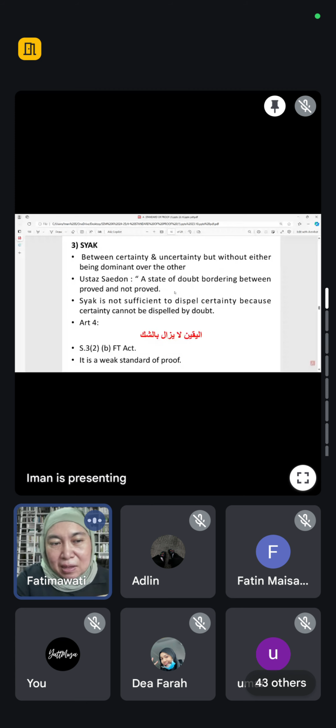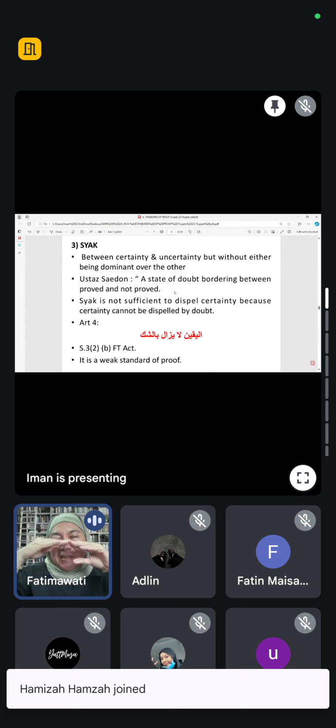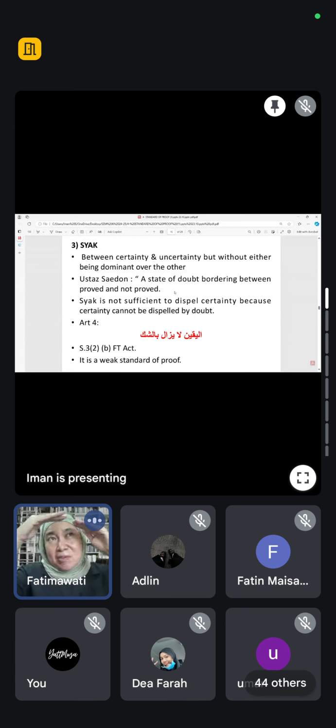Okay, then we have syak. Syak is between certainty and uncertainty. It's like 50-50, you know. Kalau macam zon tu, graph dia tinggi lagi. Let's say you have 100% is yakin, zon might be 99% below, 99% till probably 51%. Tapi syak tu memang 50-50, borderline.